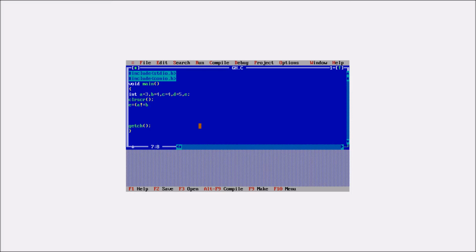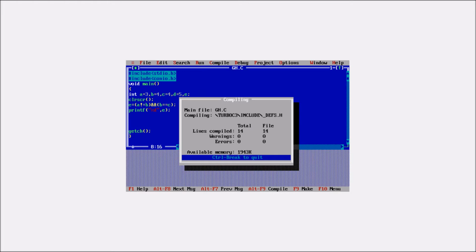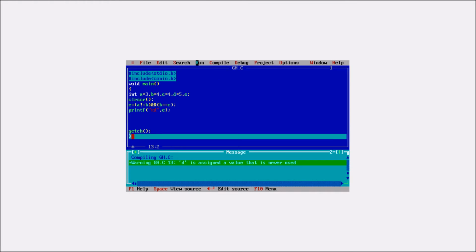A equals 3, B equals 4, C equals 4 and D equals 5, and another variable E to hold the output. So A is not equal to B and B is double equals to C. What is the output? A is not equal to B, it means true, and B is double equals to C, it means true. Both are true. In the case of the AND operator, if both conditions are true, then return true in the output. So the output of C is 1.